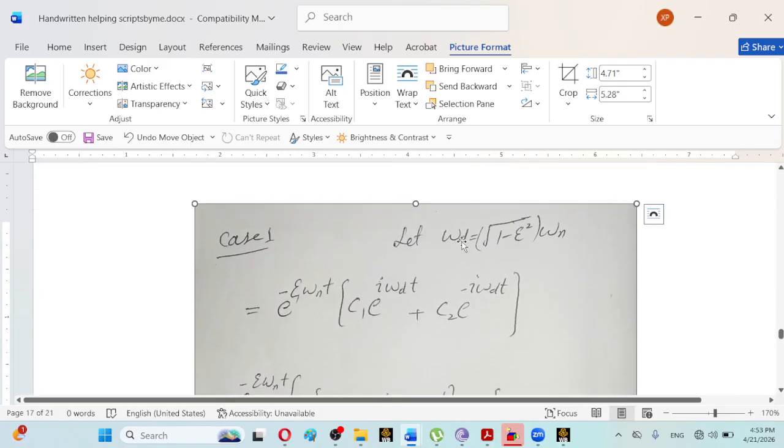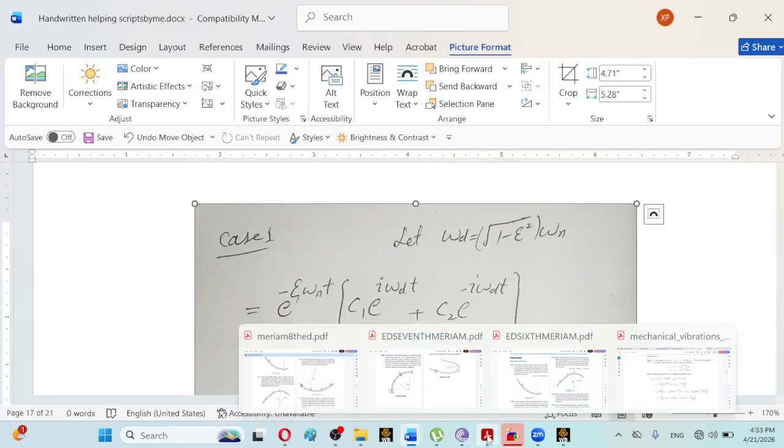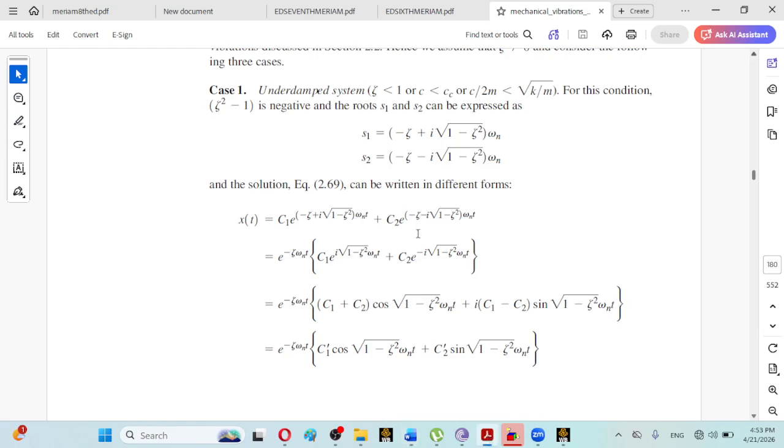I have assumed, let square root of 1 minus damping factor square into omega n be omega subscript d. We will later observe that this value is other than iota, because the square root of 1 minus damping factor square is a dimensionless number, so this will be multiplied by omega n, the natural frequency, and that square root value is less than 1.